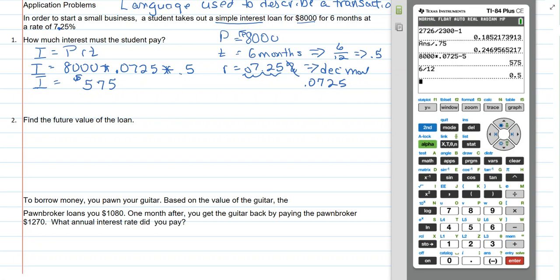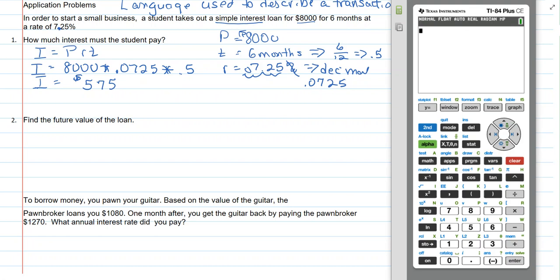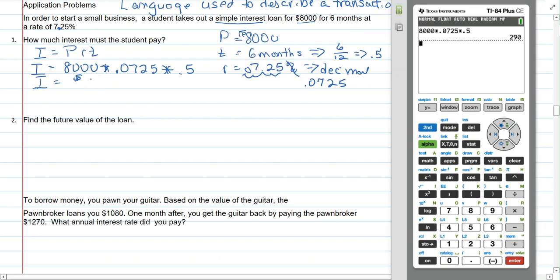Oh, I made a mistake. There it is. I couldn't see it, and I'm sorry. That just looked too high. Got it. I got it. So it's 8,000 times 0.0725 times 0.5. I had a 5 for some reason. I don't know. 290. Much better number.